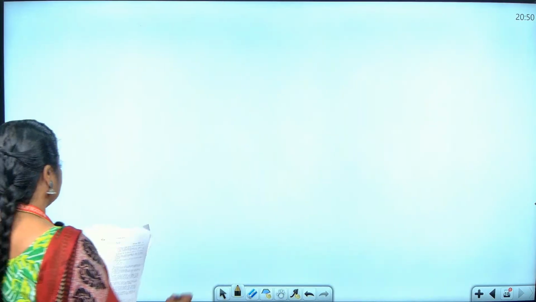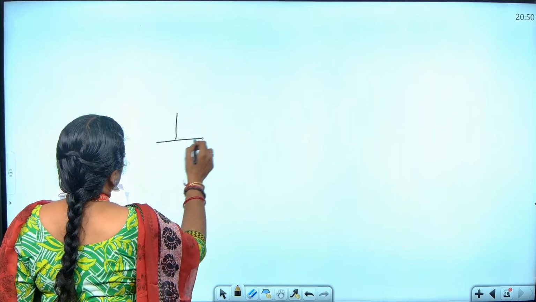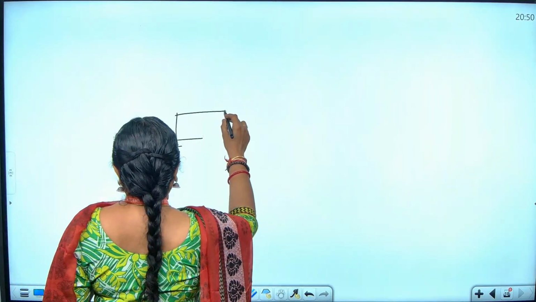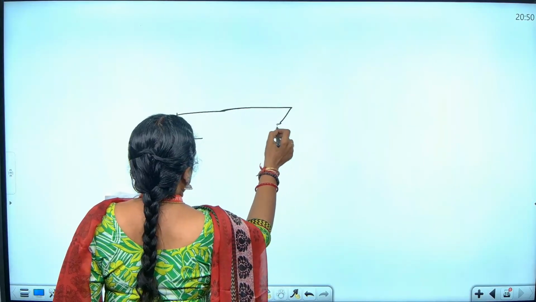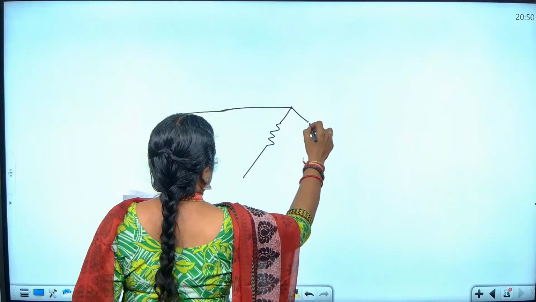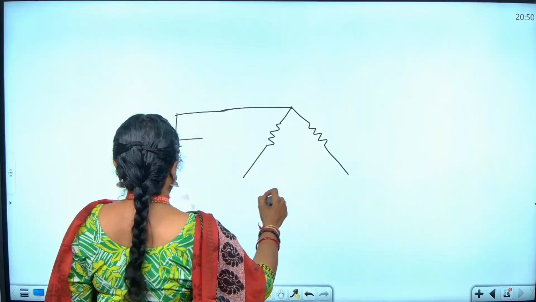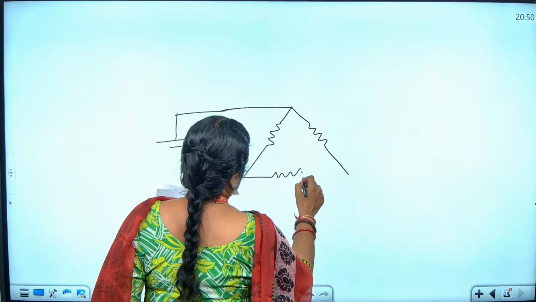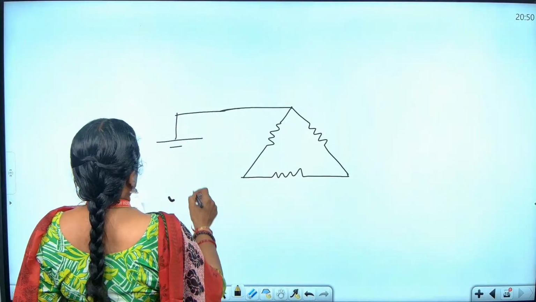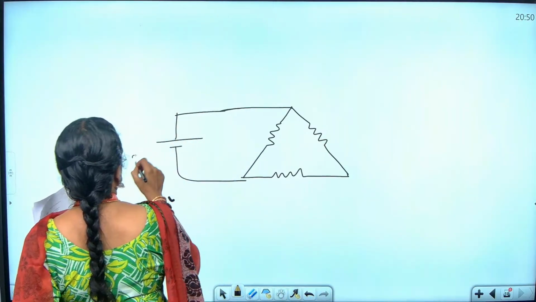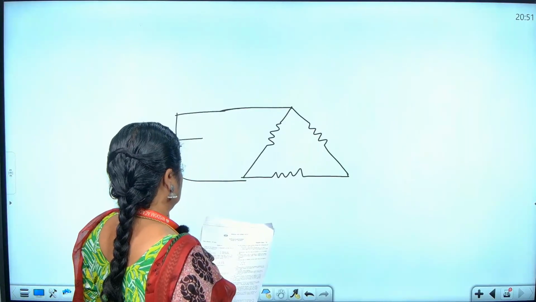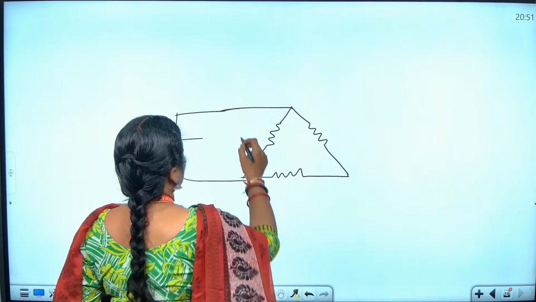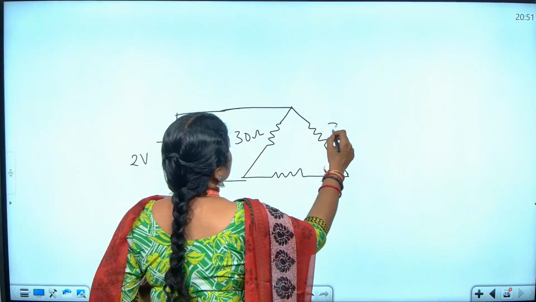Find the value of current in the circuit. All the three resistors are 30 ohms.